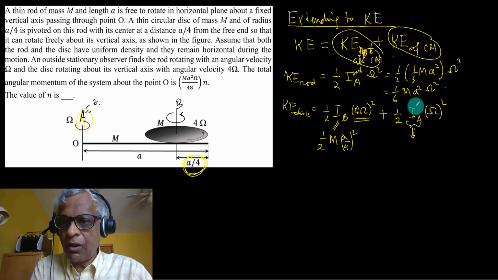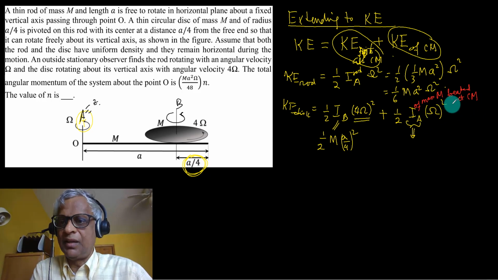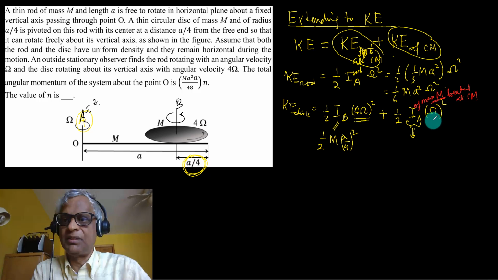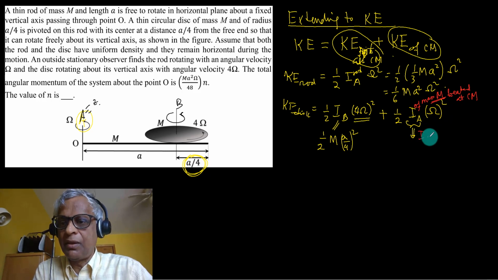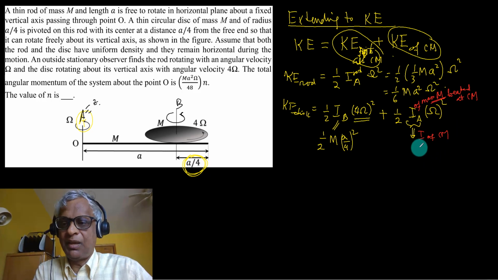But this is of mass m located at cm. It's not for the whole disk. It is as if the entire mass was placed at the center of mass. So this is, you might say, I of cm, and I of cm is m (3a/4) square.